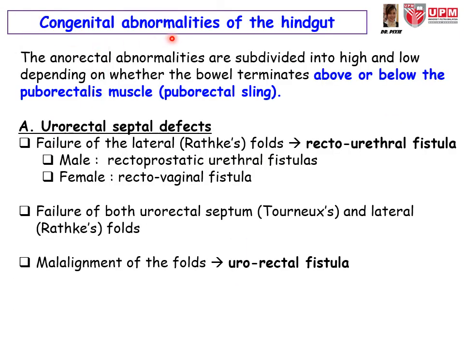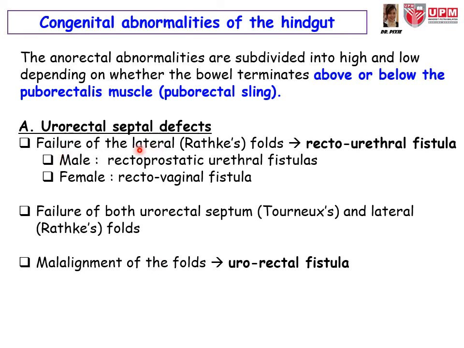Congenital abnormalities: the anorectal abnormalities can be subdivided into high and low, depending on whether the bowel terminates above or below the puborectalis muscle. The first category is the urorectal septal defects. This will be involving either both lateral folds, or the failure of the superior and the lateral folds, or the misalignment of the folds.